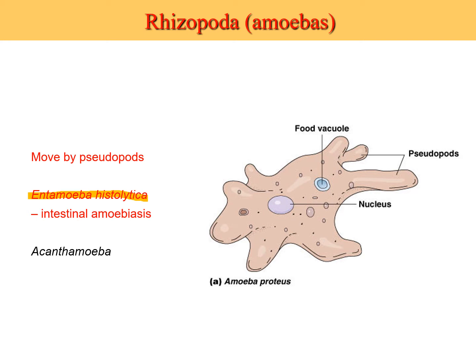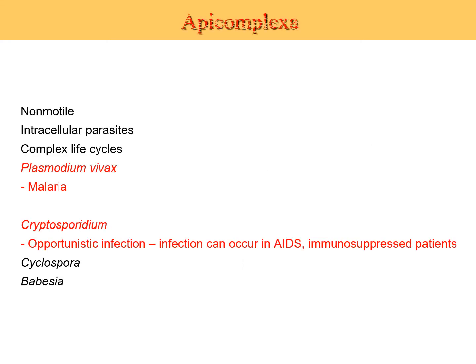I have to tell you that there are gigantic numbers of infected people throughout the world for all of these diseases that I'm going to mention, like giardiasis, trichomoniasis, and intestinal amoebiasis. Much more than you ever imagined. We'll get into numbers when we go into the disease processes later in the course. So, Entamoeba histolytica causing intestinal amoebiasis.